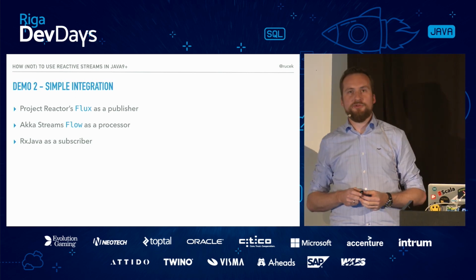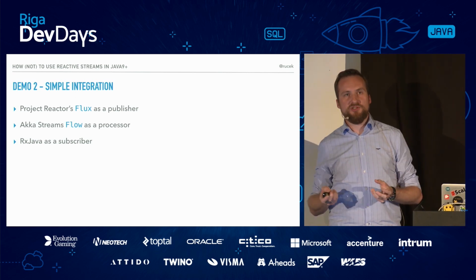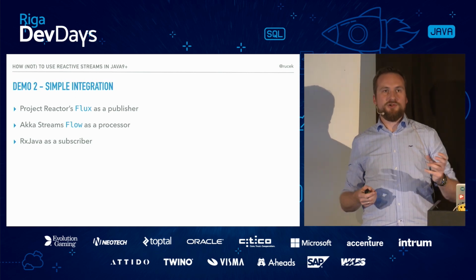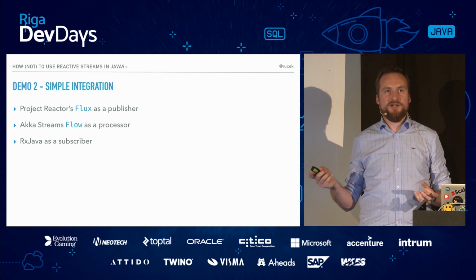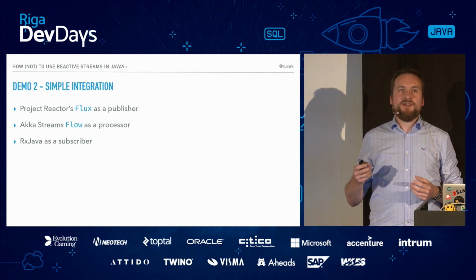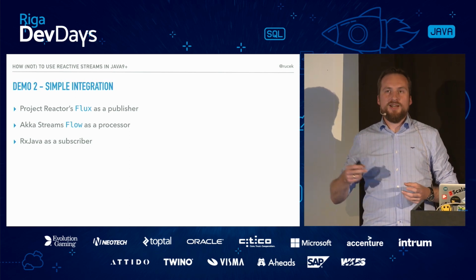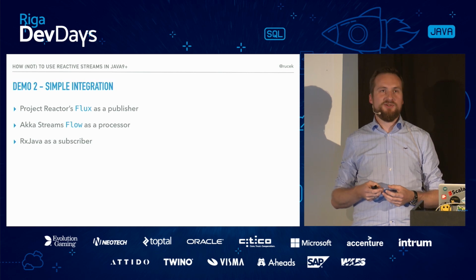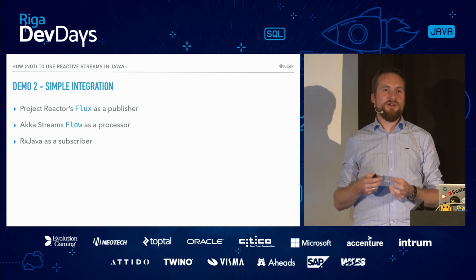And actually, there's one more thing I forgot to mention when it comes to adoption. Basically, there are two worlds. You have the world of Spring, and you have the world of Jakarta EE, which is the new name for Java EE, if you didn't know. There are people who would like Java EE to adopt all the reactive stuff, because there are still a lot of companies using Java EE, and they would really benefit from it.